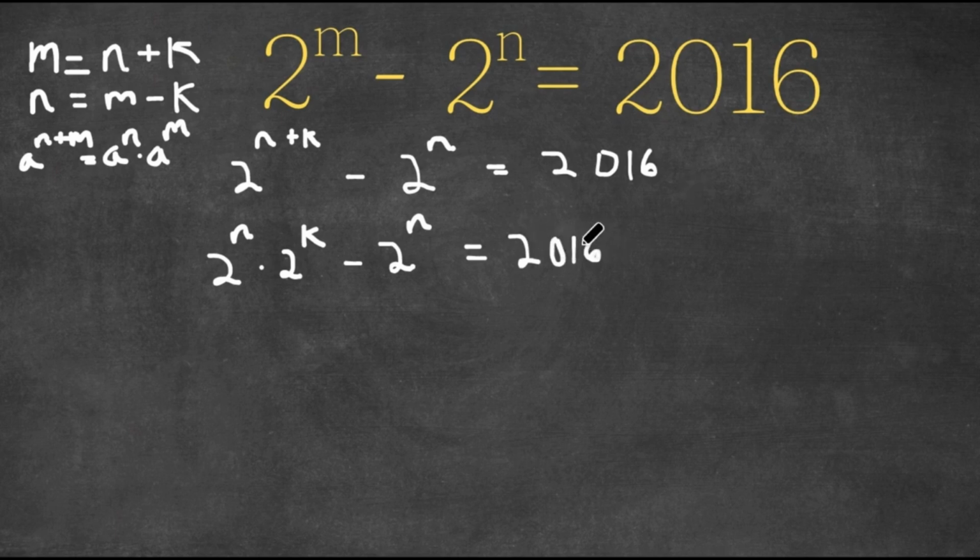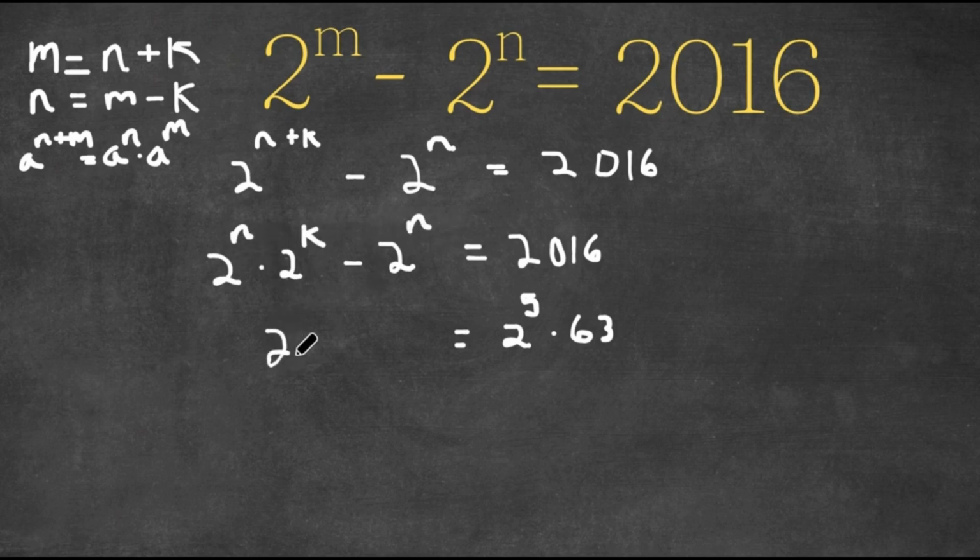Now I'm actually going to rewrite 2016 as 2 to the power of 5 times 63. And this is still equal to, what I'm going to do is factor out 2 to the power of n from this.